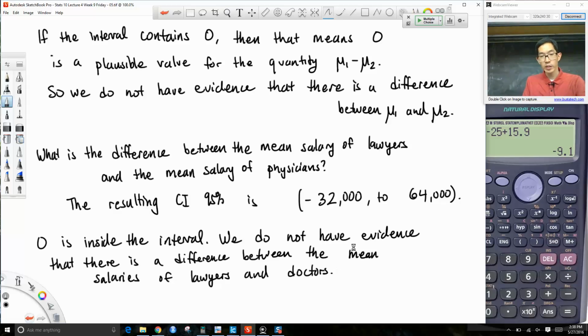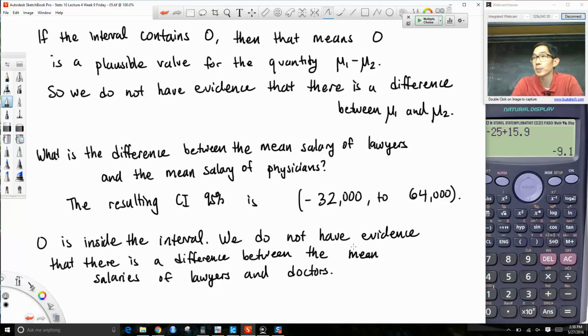If we gathered more data, perhaps we would end up getting an interval that doesn't contain 0 and provides evidence. But at this point, with the data that we have and the interval that contains 0, we don't have evidence that there's a difference. With more data, we might have evidence, but right now, we don't.